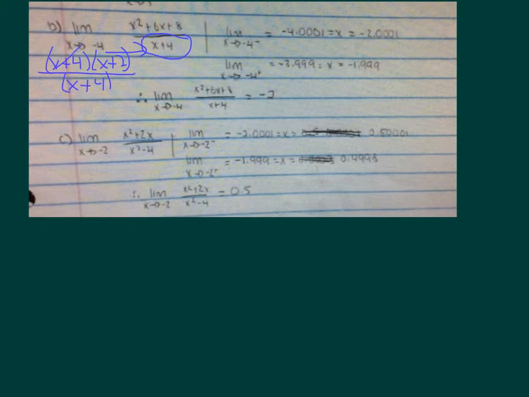Now if I divide the x plus 4 terms out, I just have x plus 2 left. The limit as x approaches minus 4 of x plus 2 is what you get when you sub that value in, and that gives us minus 2.